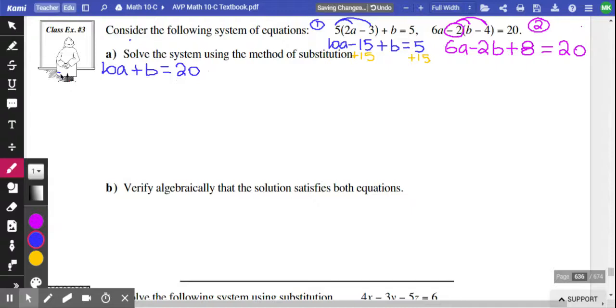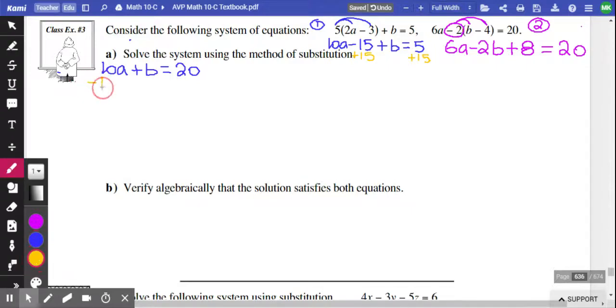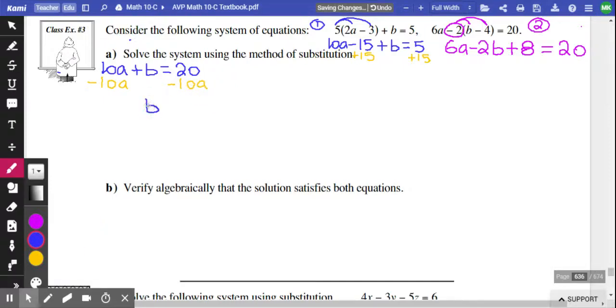The next thing I need to move to the other side is the 10a. It's a positive 10a, so I subtract 10a from both sides. I now have b equals 20 minus 10a.